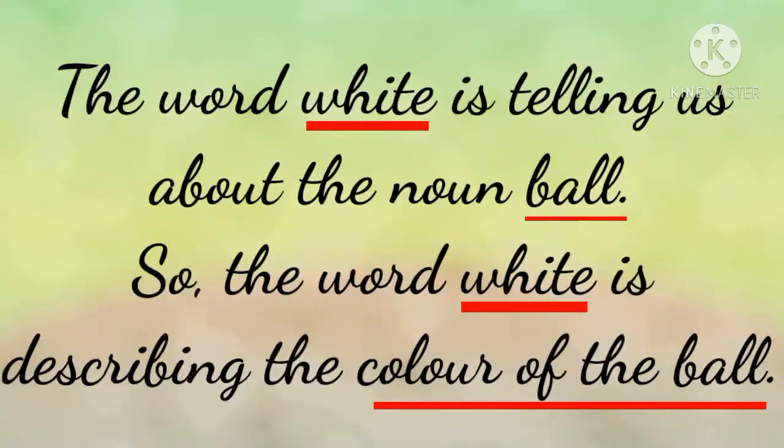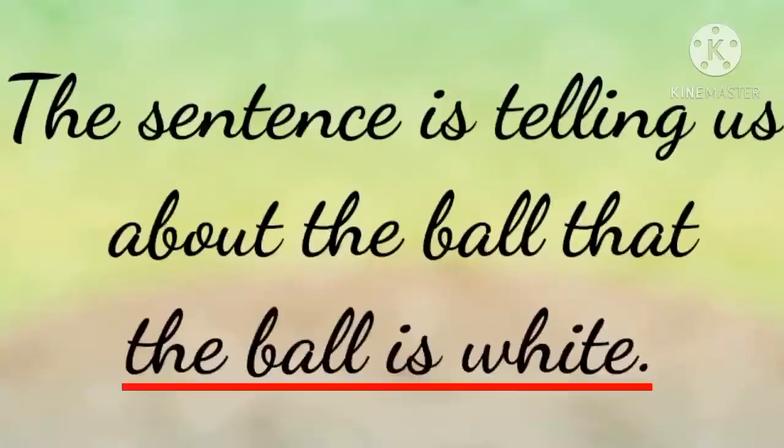So, the word white is describing the color of the ball. So, the sentence is telling us about the ball, that the ball is white.